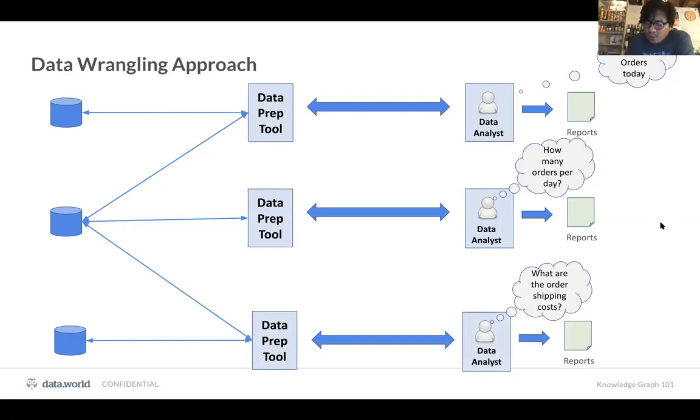Well, guess what? Nobody defined what a large order was, and everybody prepped the data differently. A large order is if there were 5 things in the basket. A large order is if there were 10, 15. So when they all started talking about large orders, their numbers were completely off. Well, of course, because nobody defined the semantics, the meaning of large orders. This work was not shared.